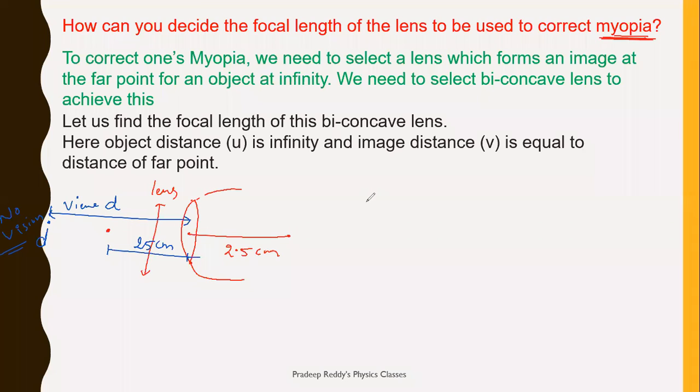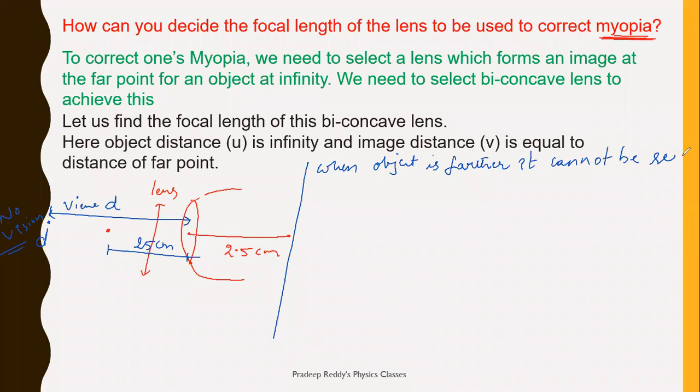This defect is seen when the object is kept farther. When the object is farther, it cannot be seen.